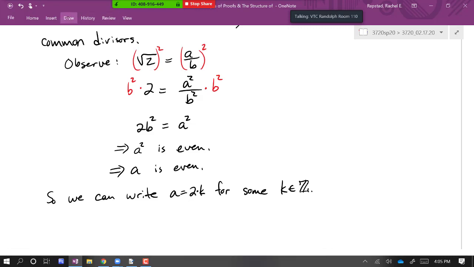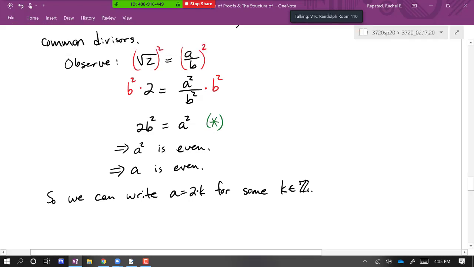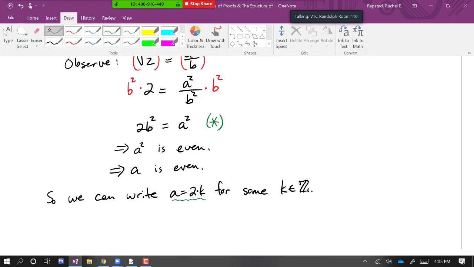Now, up here, we had this 2b squared equals a squared. I'm going to label that with a little star. So we're going to go back to that equation, and we're going to use the fact that a is 2 times some integer k, and we're going to substitute that.